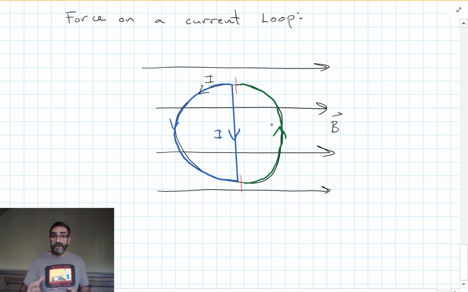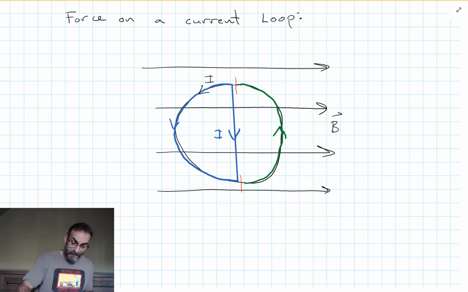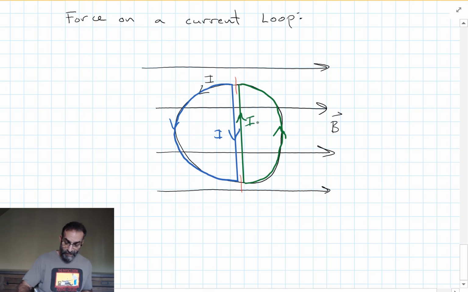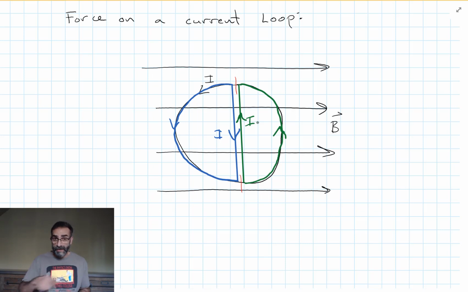As far as the force is concerned, those are equivalent. And I can replace the green line with a straight line path between those two points. As far as the forces are concerned, it's the same force on the straight line path between the endpoints or that long curved path between the endpoints.